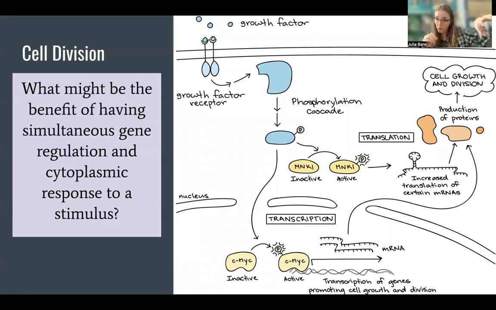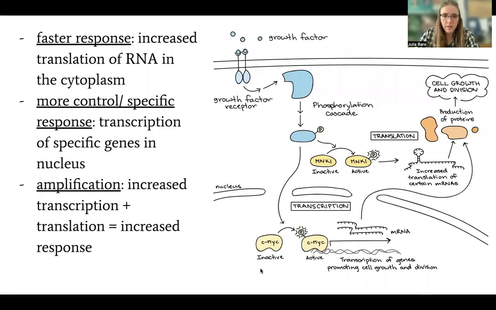And so you get the proteins, but you also get the RNA. And so you get this push immediately into the process of cell division and growth. So again, you get a faster response, you get a more controlled and specific response as well. And you also get amplification of that response.